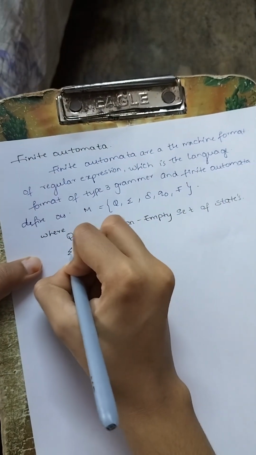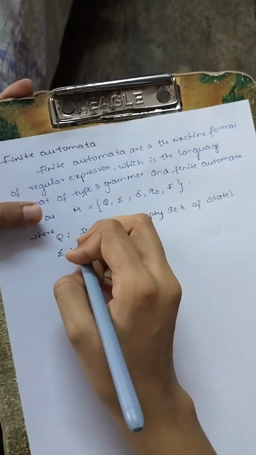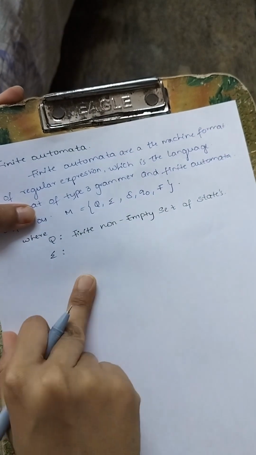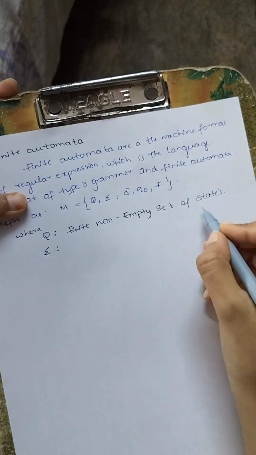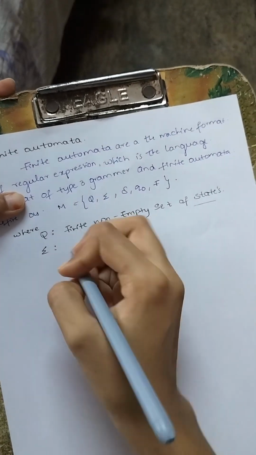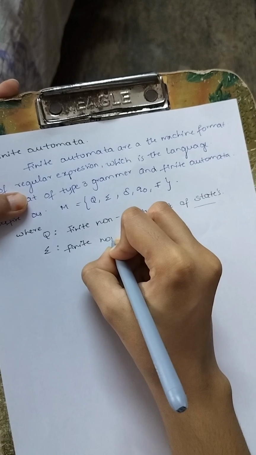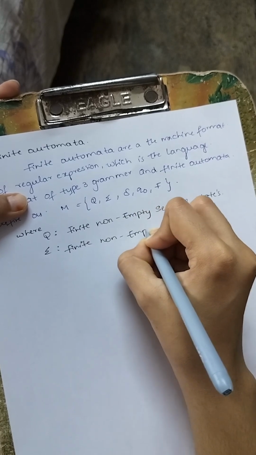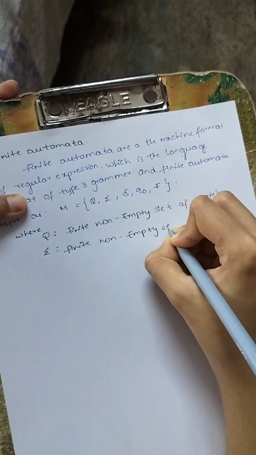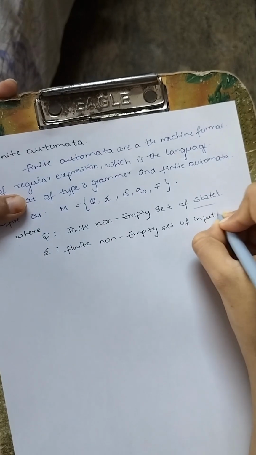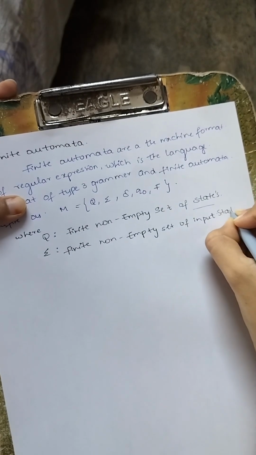And then epsilon gives the finite non-empty set of the input system. So here we are seeing the states. Now we write the input system. So epsilon is a finite non-empty set of input symbols or input system.